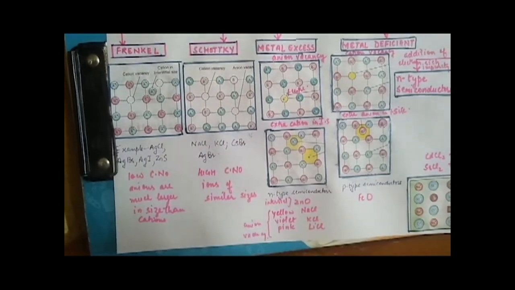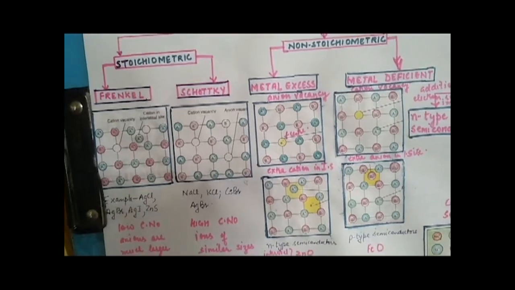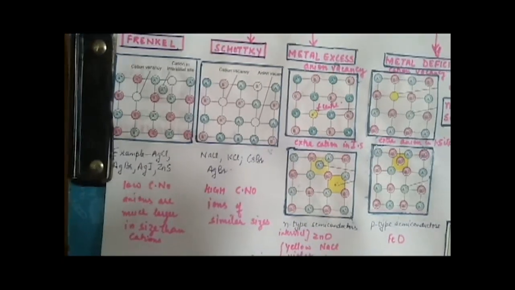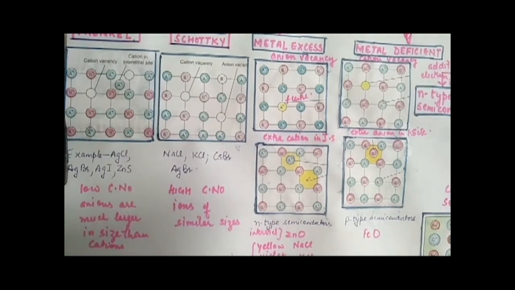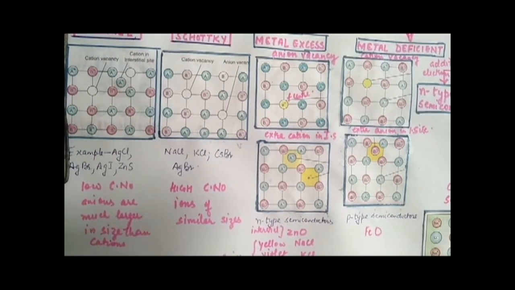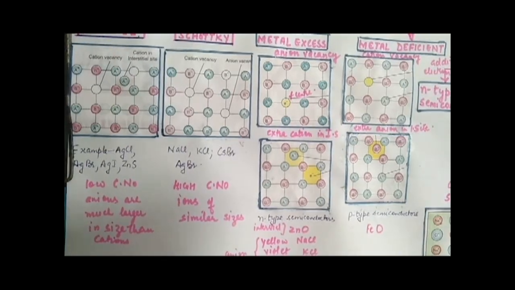Another reason for metal excess defect may be the presence of an extra cation in an interstitial site. For example, in the case of a zinc oxide crystal, when zinc oxide is heated, it loses oxide ions, which lose electrons to form oxygen gas, and oxygen gas diffuses out, leaving behind zinc ions.